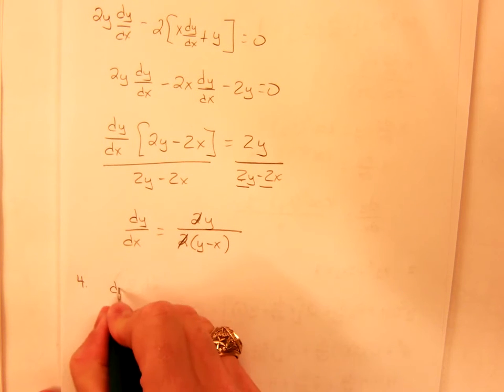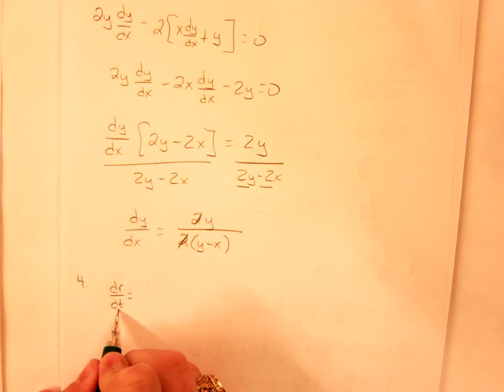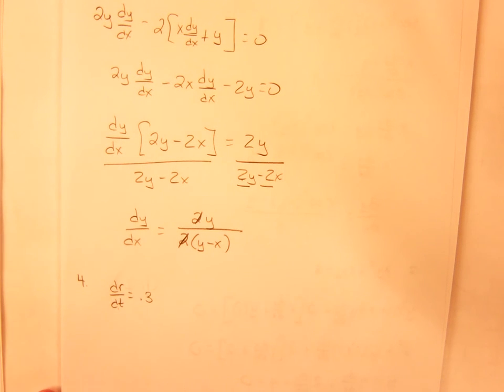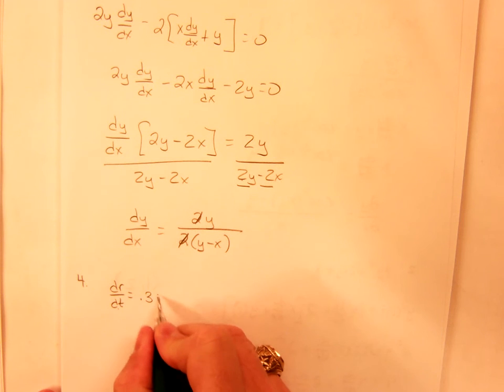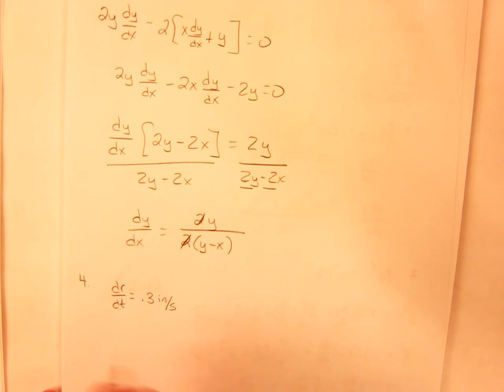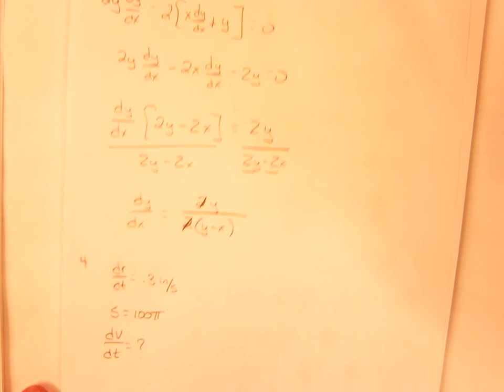So dr/dt, that's the change in the radius with respect to time, is 0.3, and it's increasing, so we're going to call that positive, inches per second. At the instant when the surface area becomes 100 pi square inches, what is the rate of increase in the volume? Okay, so that's what we're working with.